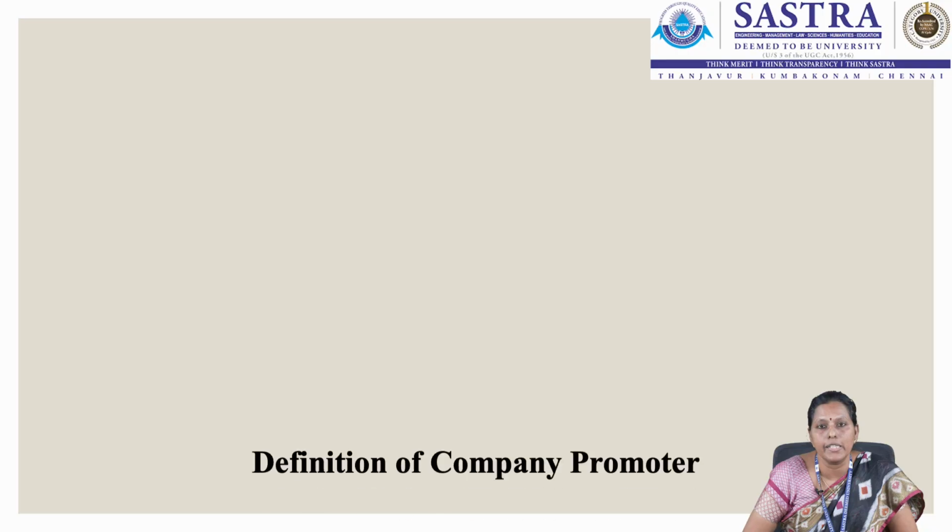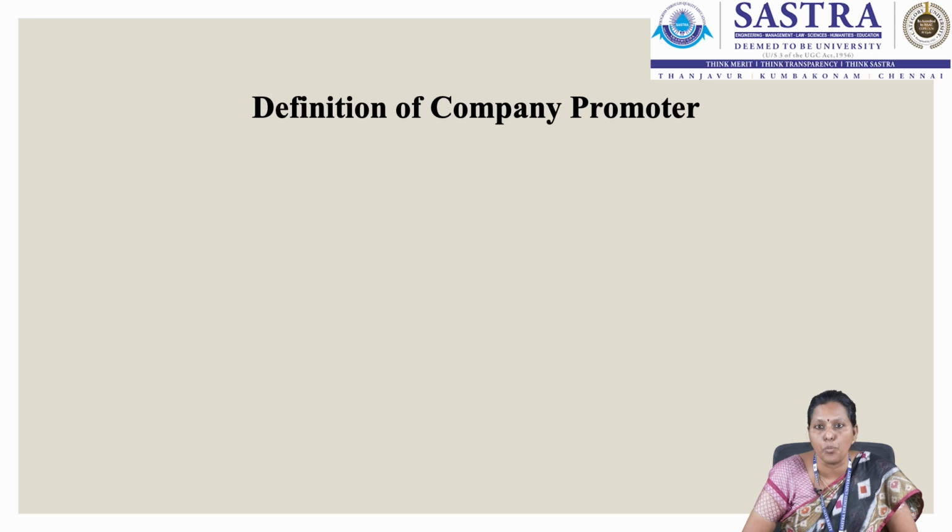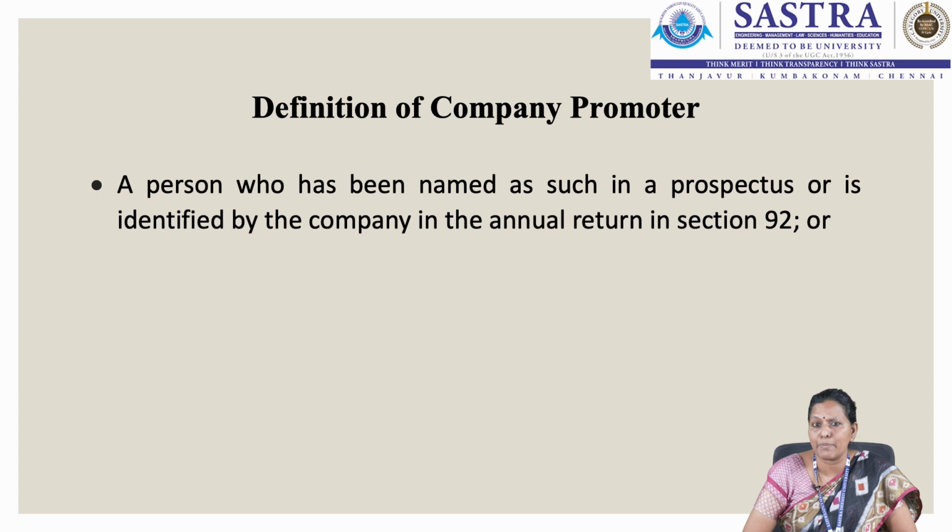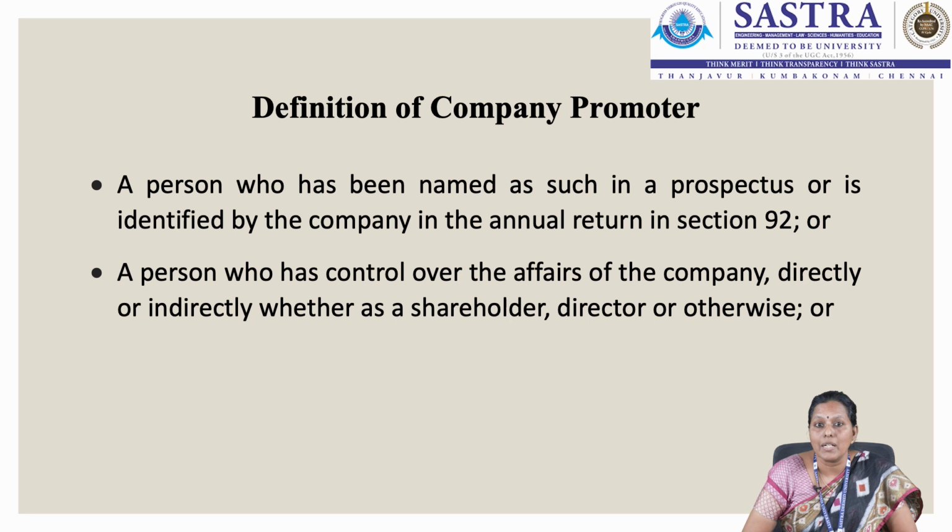If we look at the definition of the promoter of a company, we can understand that anyone who has been named as the promoter in the prospectus of the company is considered as the promoter of the company. The promoter would have control over the affairs of the company.